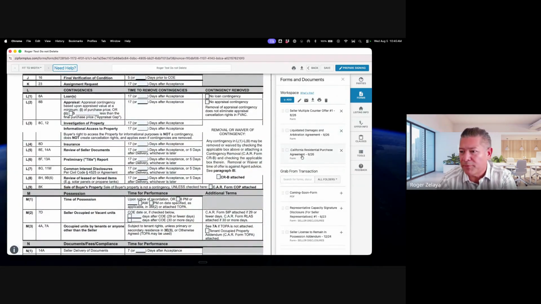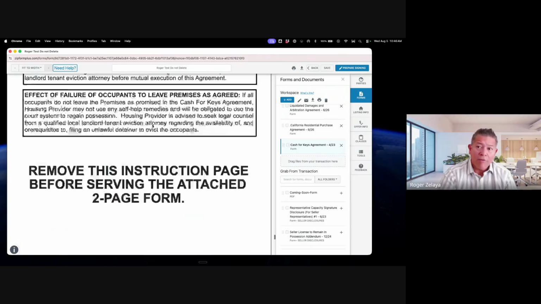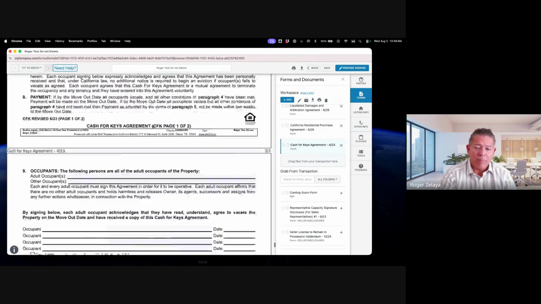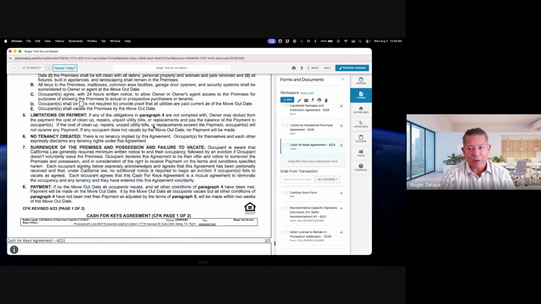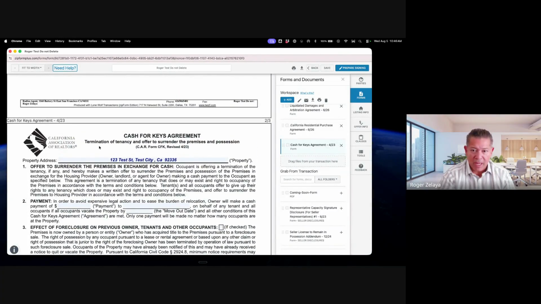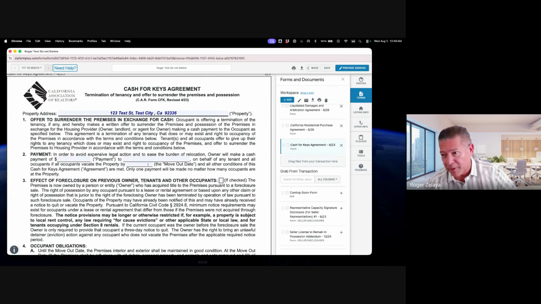You're leaving yourself so open, that there is a cash for keys form. Okay. So when in doubt, when you're trying to do an addendum, call me and I'll probably guide you in the right direction. And the cash for keys is for a buyer early. I'm sorry, no, this is the cash for keys. The early occupancy is a different document.